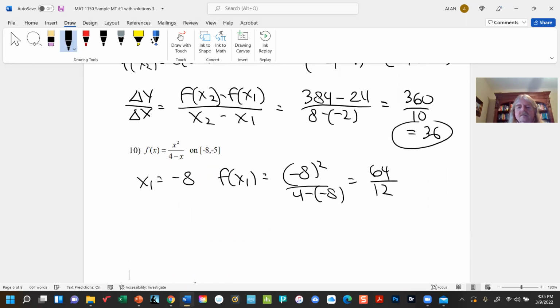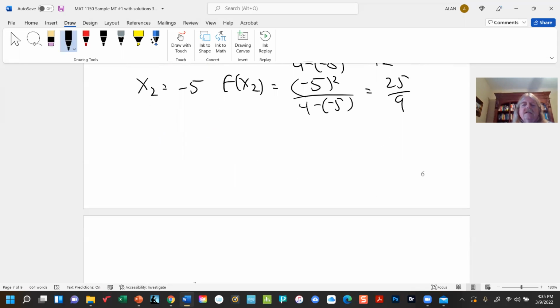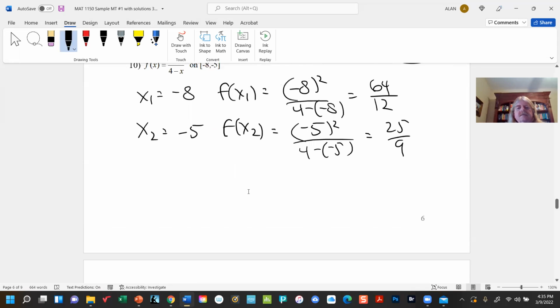Okay. And then x2 is -5. -5 squared over 4 minus 5. 25 over 9. So the formula is telling us to do this.